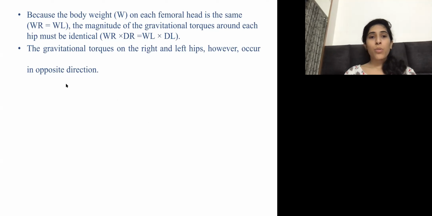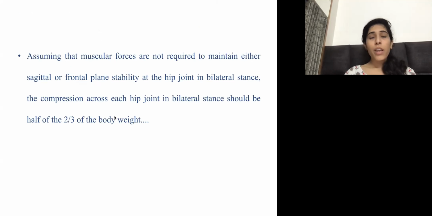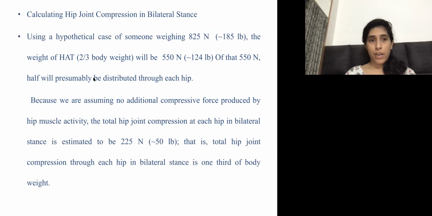Okay, so if we are assuming that muscular forces are not required to maintain either the sagittal or the frontal plane stability at the hip joint, the compression across the hip joint in the bilateral stance should be half of the two-thirds of the body weight.